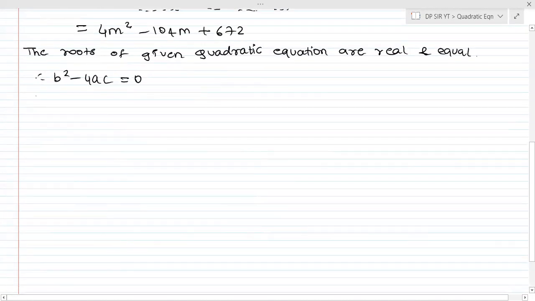So now it simply means that the value of b square minus 4ac, which is 4m square minus 104m plus 672, is equal to 0.